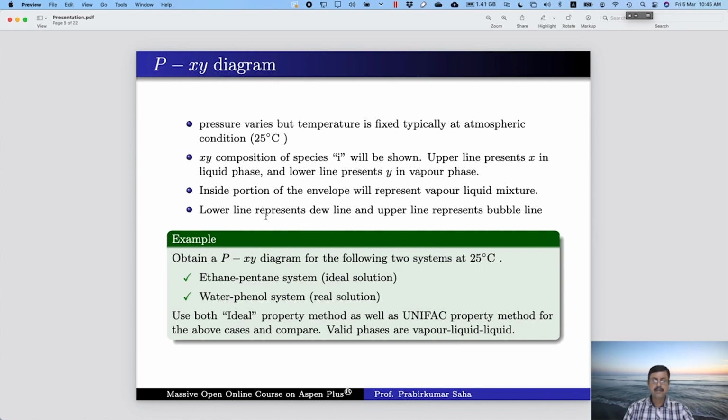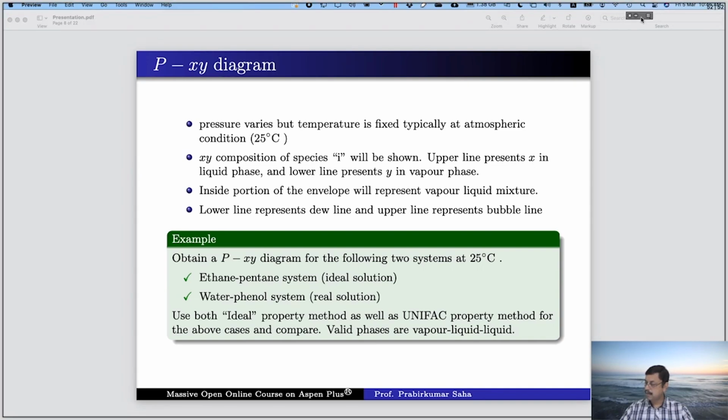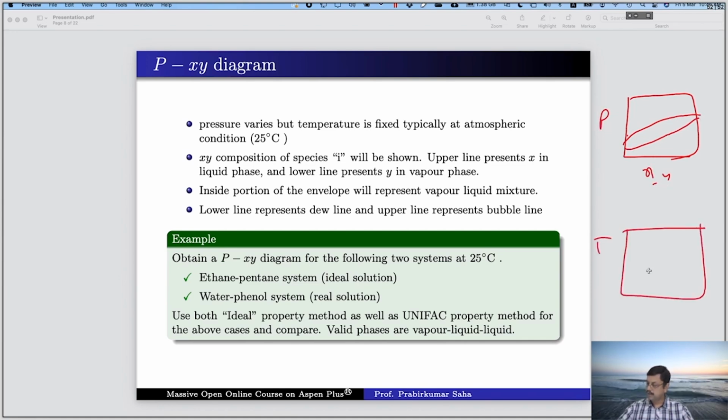And the inside portion of the envelope will present the vapor liquid mixture. And actually this figure will be something like this, your PXY diagram. Unlike TXY diagram, which was something like this, it will be something like this.